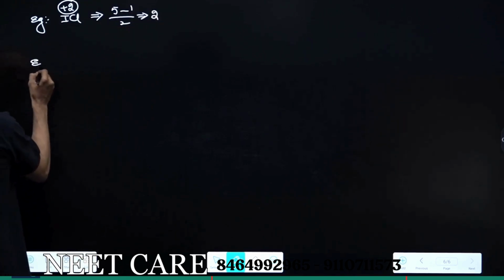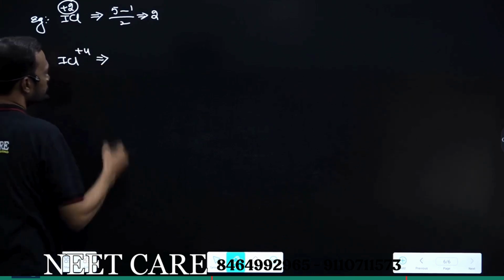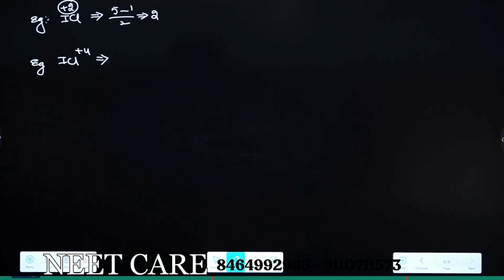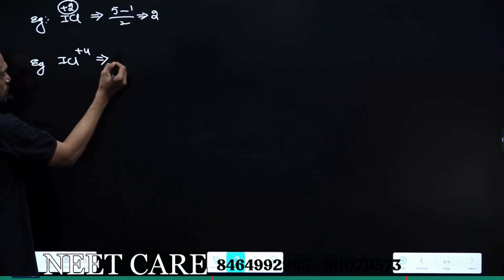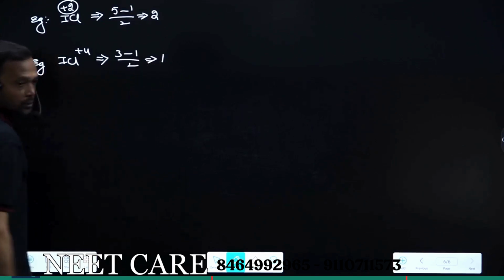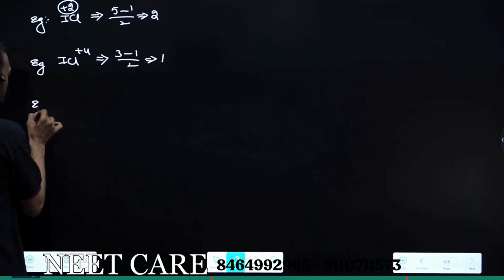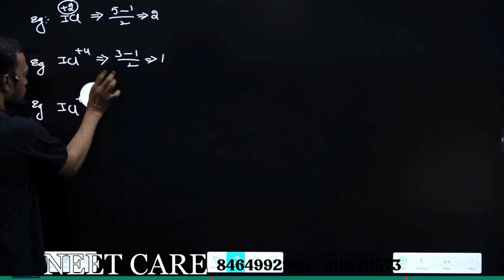Like this they will increase the charge. In your exam they will give like this. ICl plus 4. So 7 minus 4 is how much? 3. 3 minus 1 by 2, then 2 by 2, 1 lone pair. Now, can I increase the charge? ICl plus 6, take that.